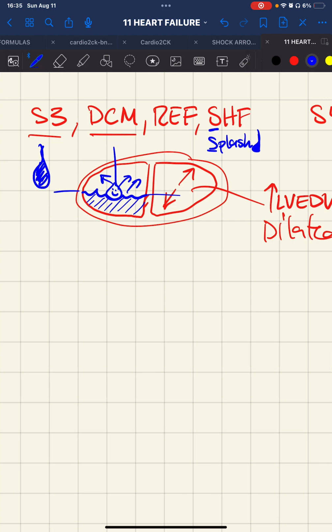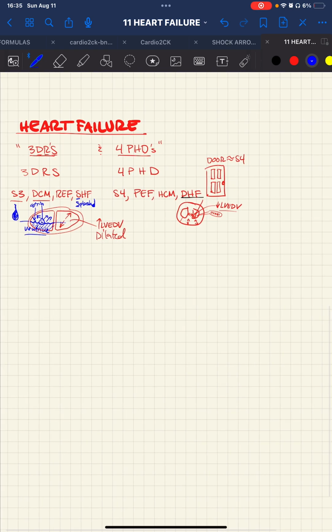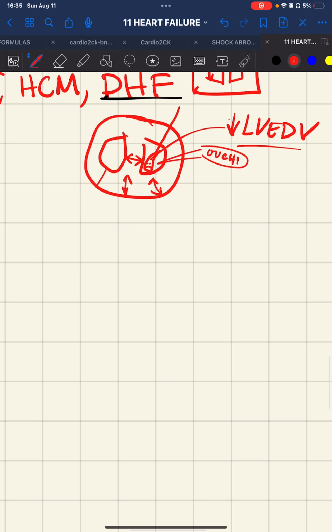Note this sound is going to come earlier because look, there's less distance for that water to travel from the atria to the ventricle. Whereas over here, if we look at our heart, and we're going from atria to ventricle, it's going to be later because we have to go all the way through, all the way here to a splash into that thick ventricle.